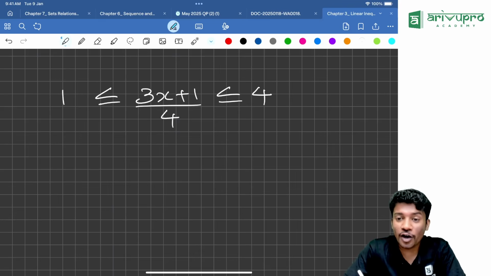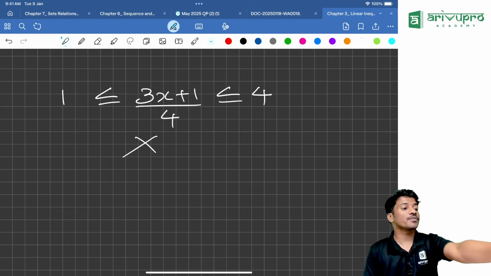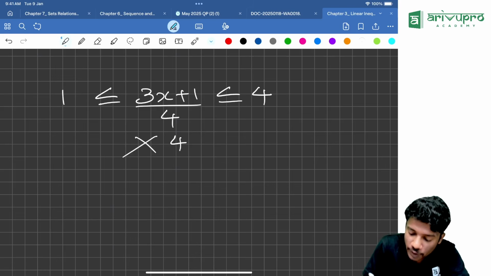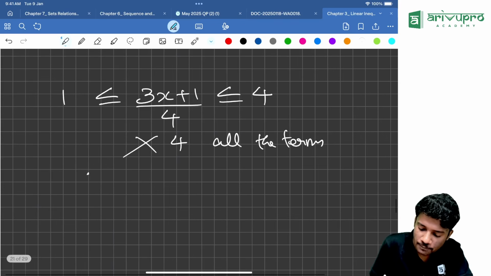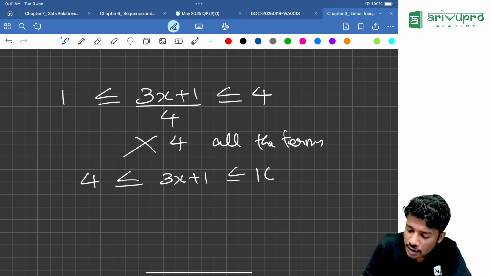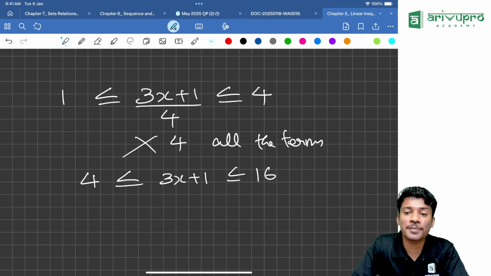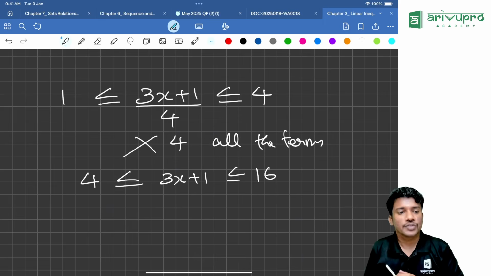When a denominator is there like that, we need to take the product with 4, product with the denominator on all sides, on all the terms. Then it will become 4 less than or equal to 3x plus 1 less than or equal to how much? 16. 4 into 4 is 16.